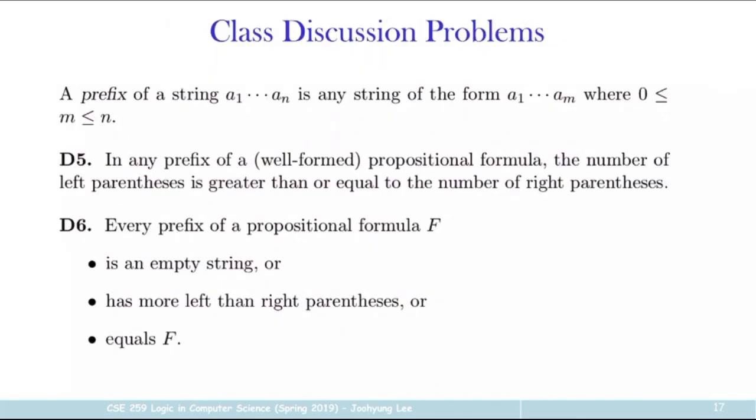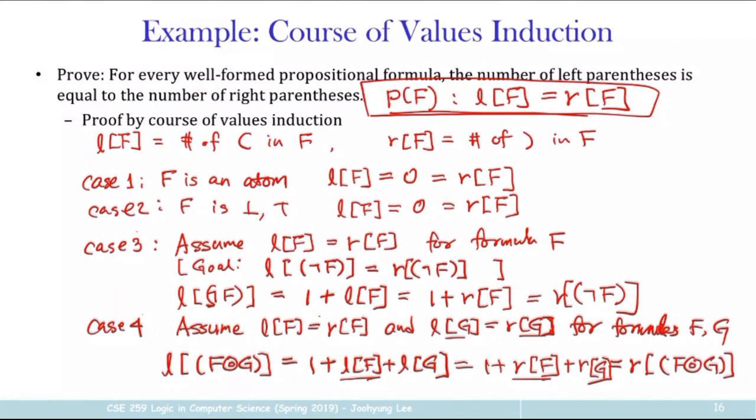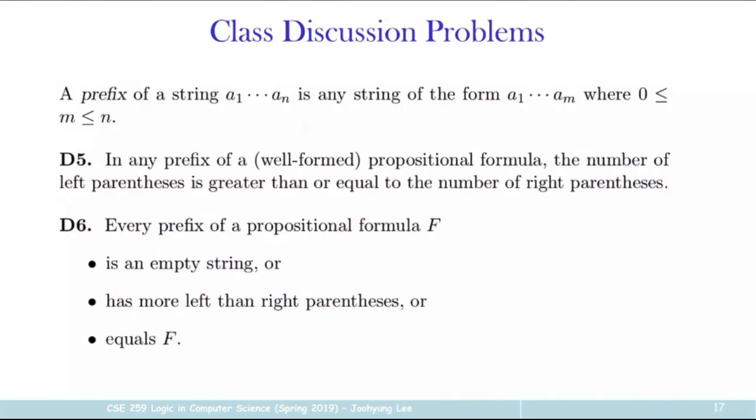So I want you to actually go back to this one. The next problems are similar, but maybe a bit more complex, but the same idea applies. So the next time, if you have a solution for these problems, you can write your solution on the board. Here is a notation for the prefix.